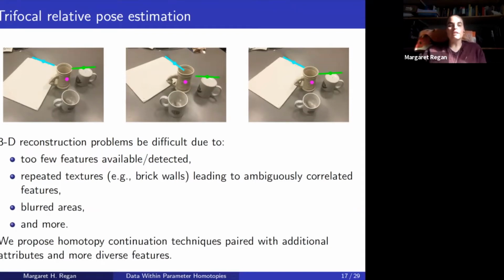Essentially, instead of 2 cameras, we have 3, and we're still doing the same data point recognition. We have 3 points and 2 lines for the Chicago problem. We can use homotopy continuation here again, and there are on the order of 300 solutions.